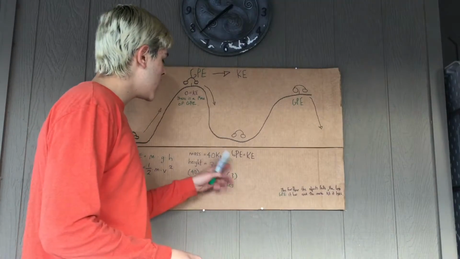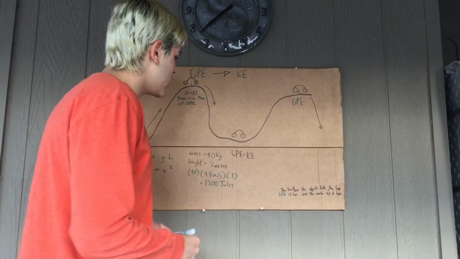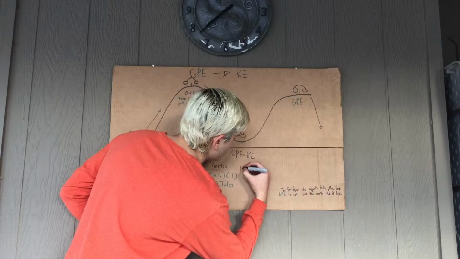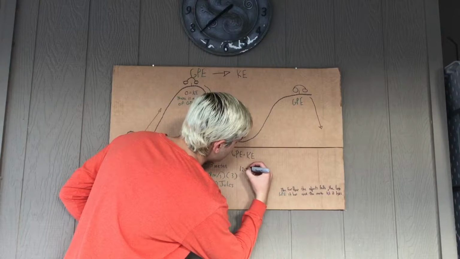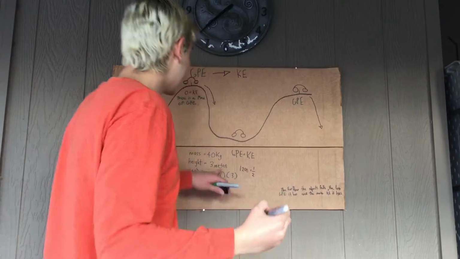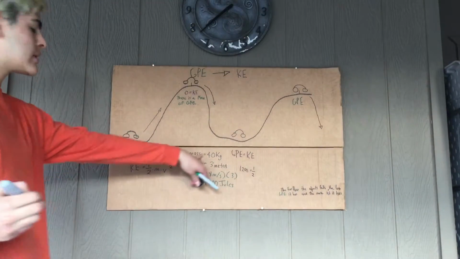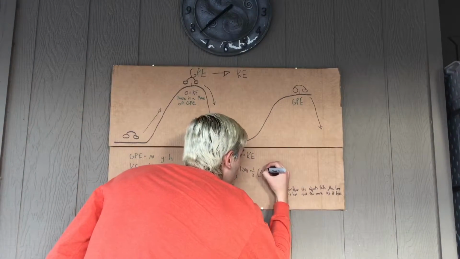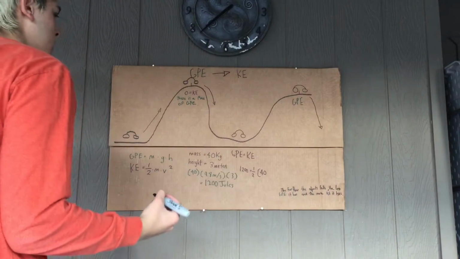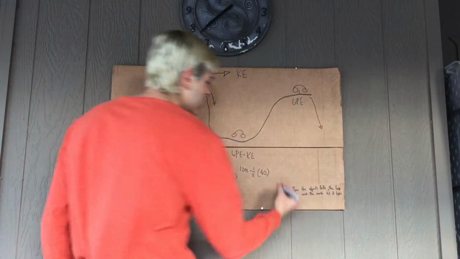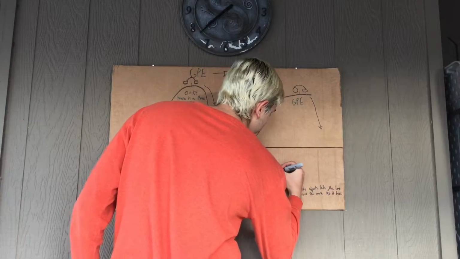We already know its gravitational potential energy, so we just plug in the numbers. 1,200 is equal to 1/2 times mass. We already know its mass, so it's 40, times its velocity squared. You don't know the velocity yet, so you just leave that like that.